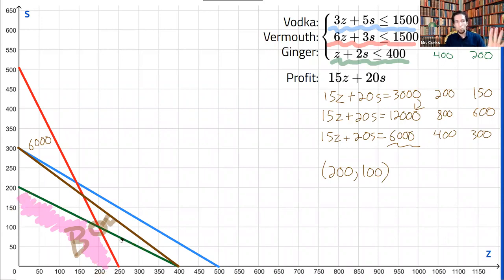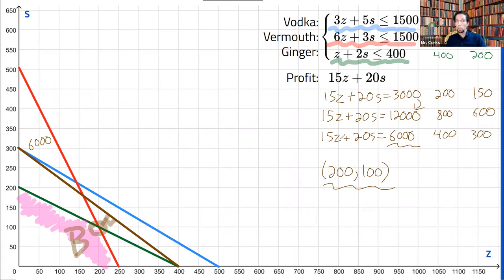Let's say we can't 100% trust our graph. What could we do to verify this 200, 100 point? To substitute them? We can't substitute because we don't know if these are right yet. Drag the brown line closer?